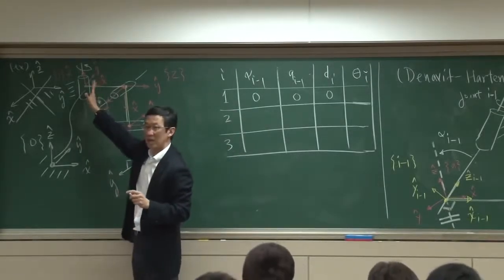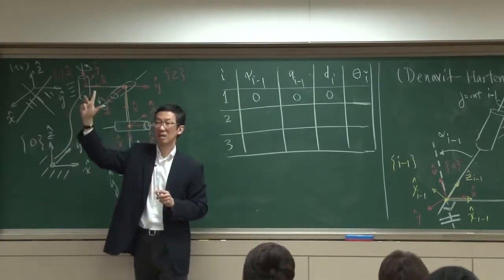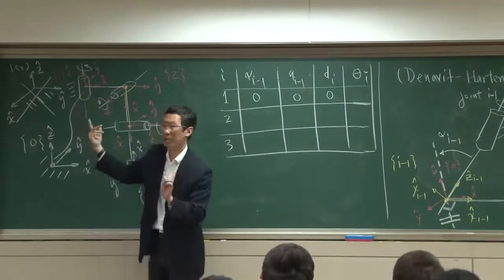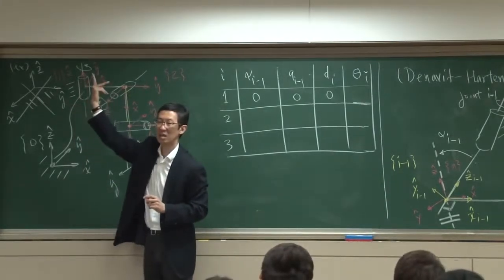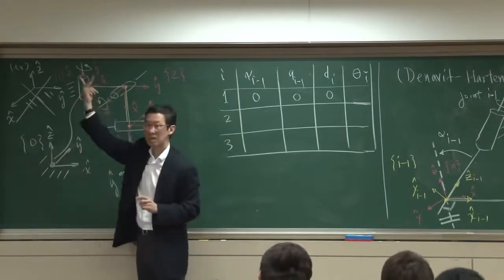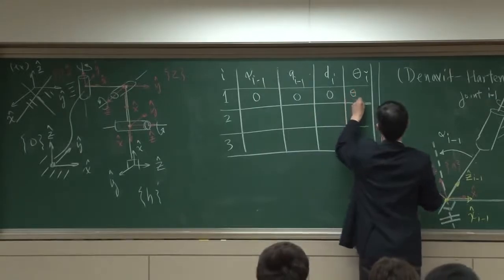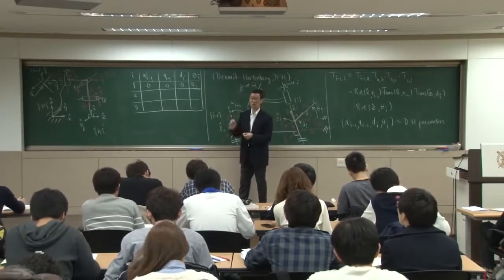If we rotate theta 1, this frame also rotates. So theta 1 is arbitrary here. If we rotate theta 1, frame 1 rotates. So actually this parameter here is a variable. It's theta 1, the joint variable. So that's the first row.